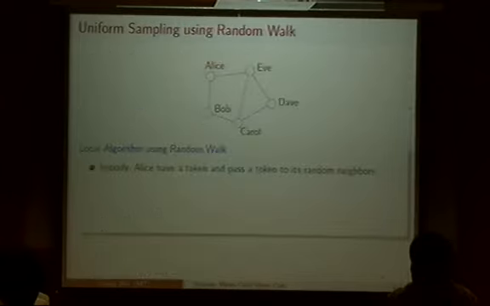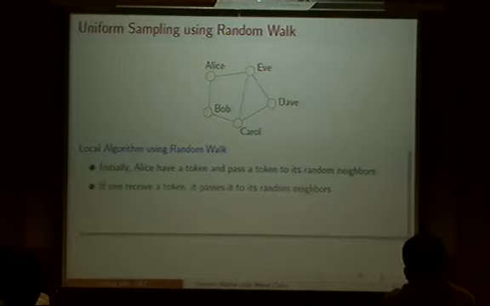This is very simple description for sampling algorithm using a random walk. Suppose, initially, Alice has a token or money and it passes to its random neighbors. In this example, Alice has two neighbors, Bob and Eve. Alice chooses its random neighbor, Eve or Bob, and passes the token to its random neighbor, Eve, suppose.